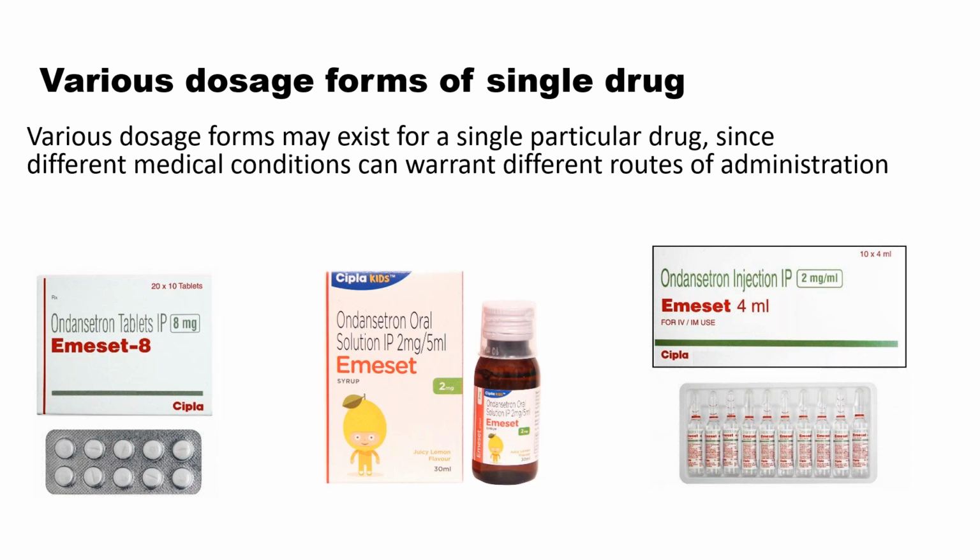Various dosage forms may exist for a single particular drug, as different medical conditions can warrant different routes of administration. AMSET, which is a trade name of ondansetron, is available in the form of a tablet, an oral solution, and also injections which can be used by the intravenous or intramuscular route.